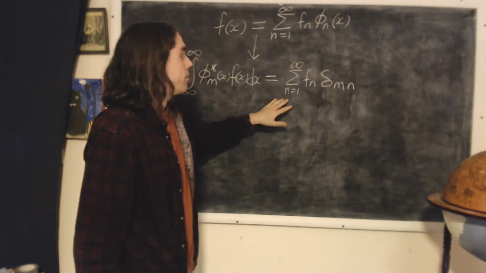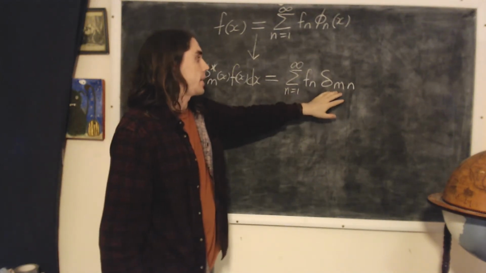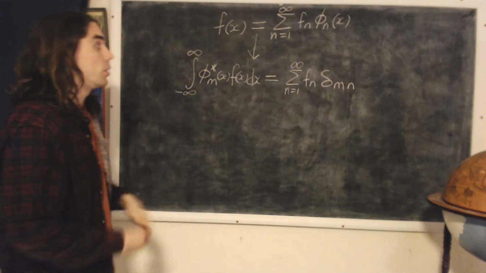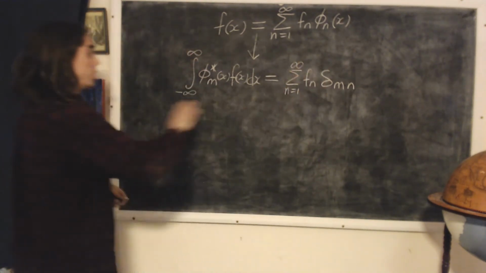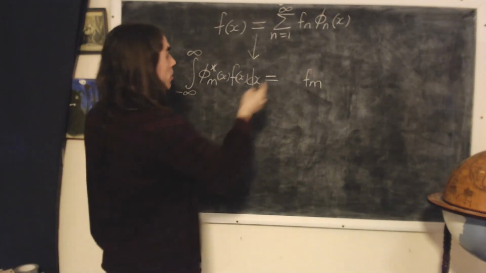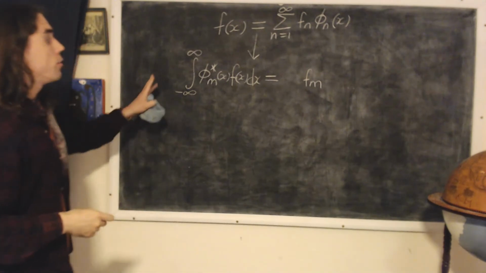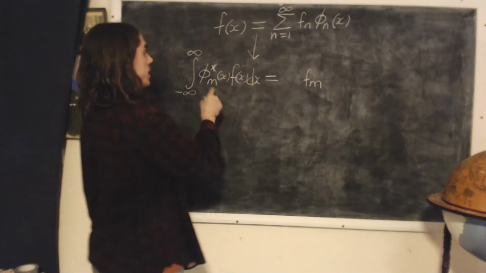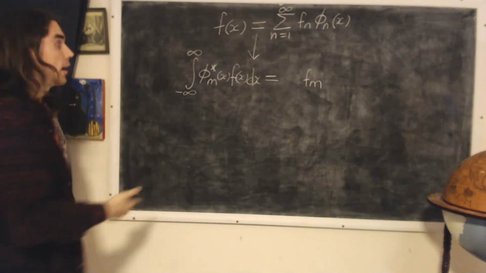So when we sum over the n's, the Kronecker delta selects out the case that n equals m. Every other term is 0. And so this expression over here reduces to the following. That is just f subscript m. So overall then, let's swap the sides of these two things and switch the label m to n, and we have the result.